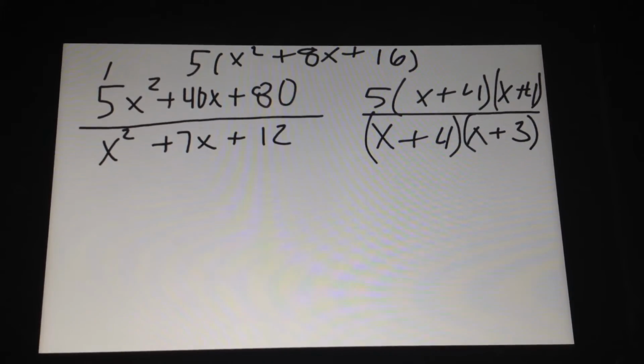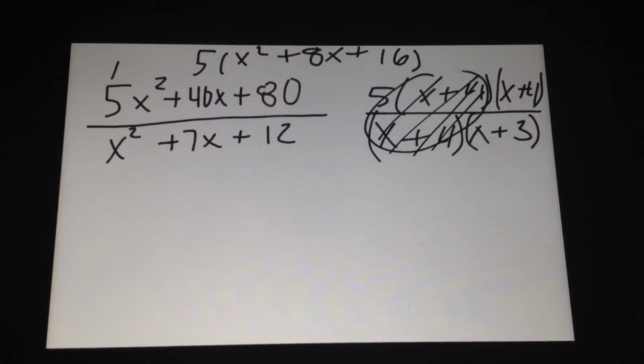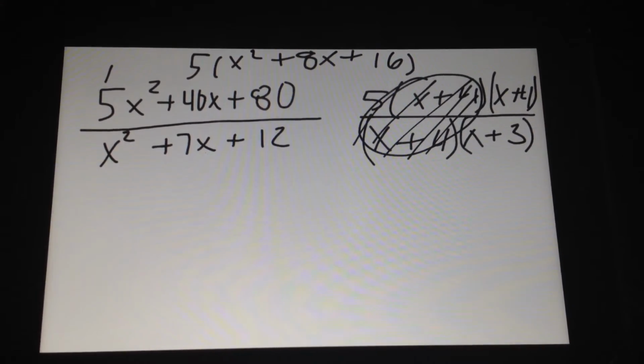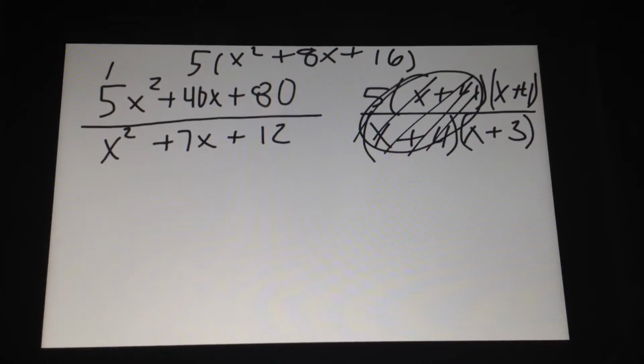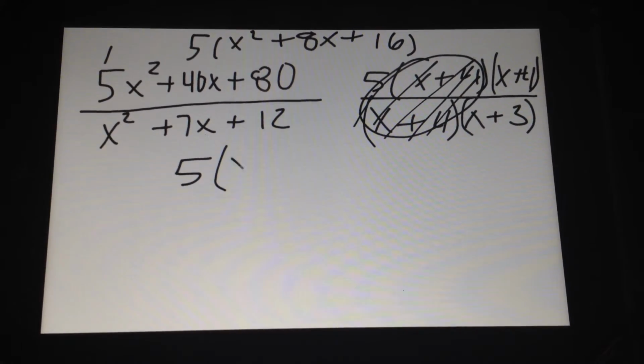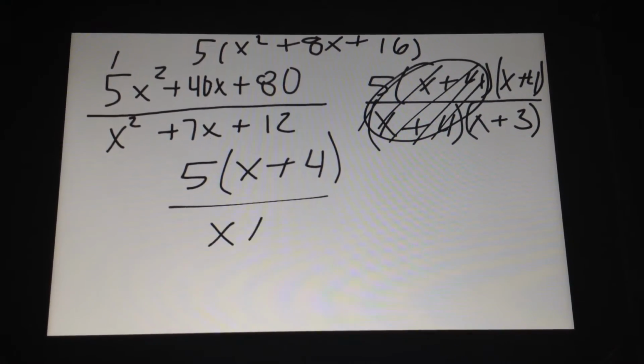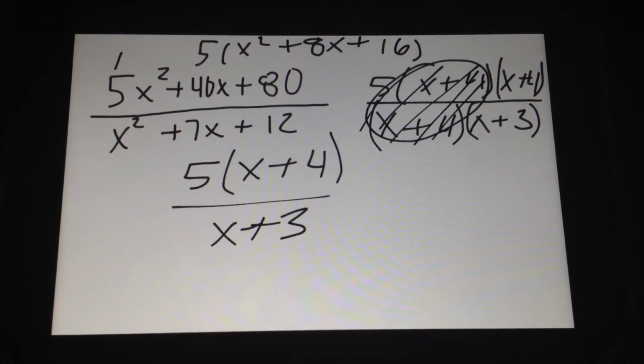Now one of these x plus 4's cancels out. And when two cancel out, we call that a hole. So remember that x plus 4 was a hole. Okay, so we end up getting 5 times x plus 4 over x plus 3. And that's it completely factored.